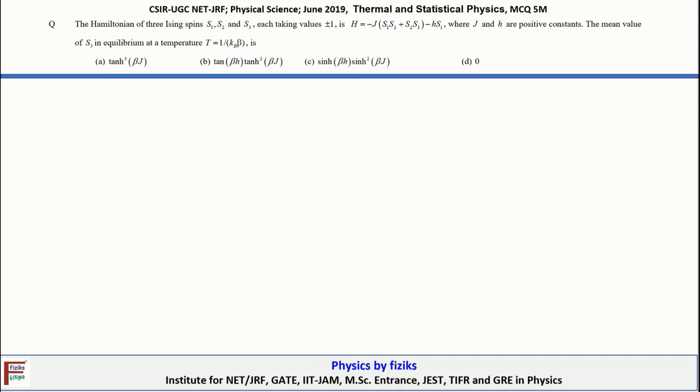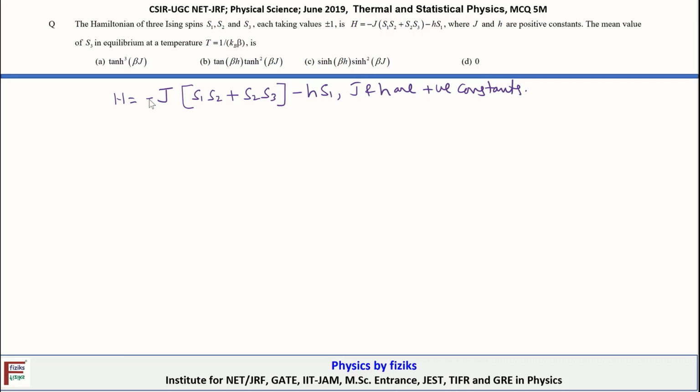So let's continue with the next question. The statement is, the Hamiltonian of three Ising spins S1, S2 and S3, where each spin can take value of plus minus 1, is H equal to minus J (S1 S2 plus S2 S3) minus H S1, where J and H are given to be positive constants.